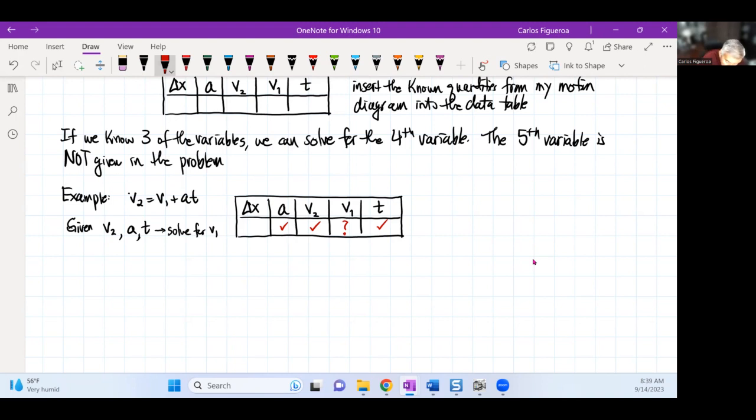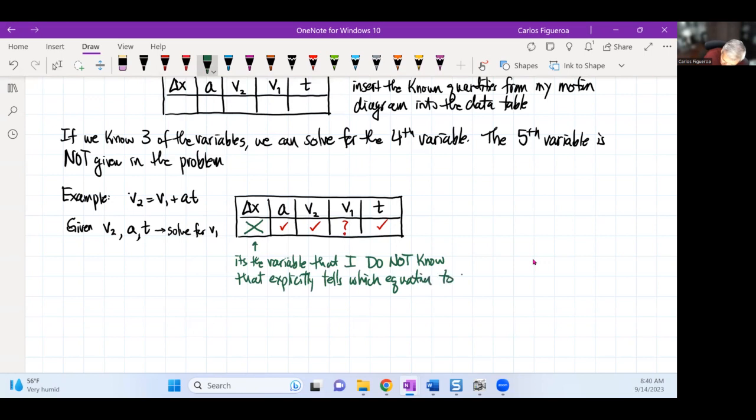But what determines the equation is the variable that I do not know. It's the variable that I do not know that explicitly tells you which equation to use.